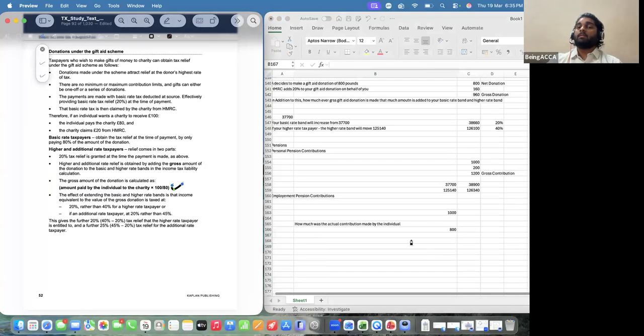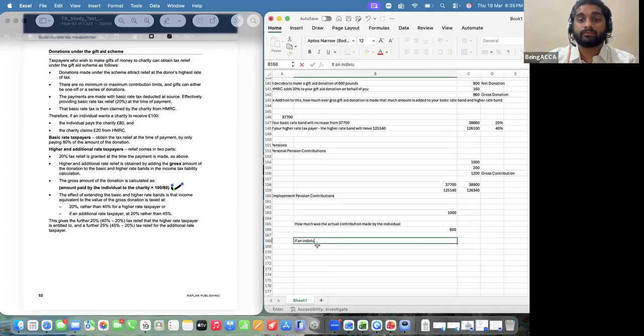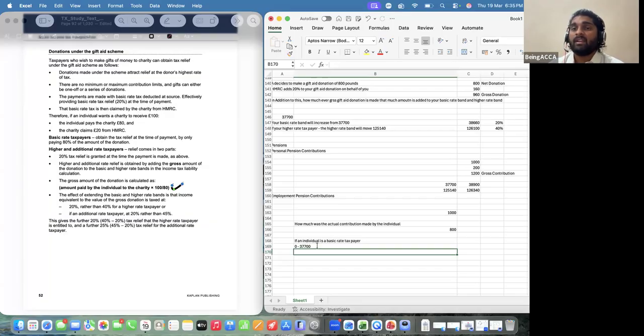All right. But now let's discuss if an individual is a basic rate taxpayer, which means his income is under the threshold of 37,700. So for that individual, is there any benefit of extending the rate band?